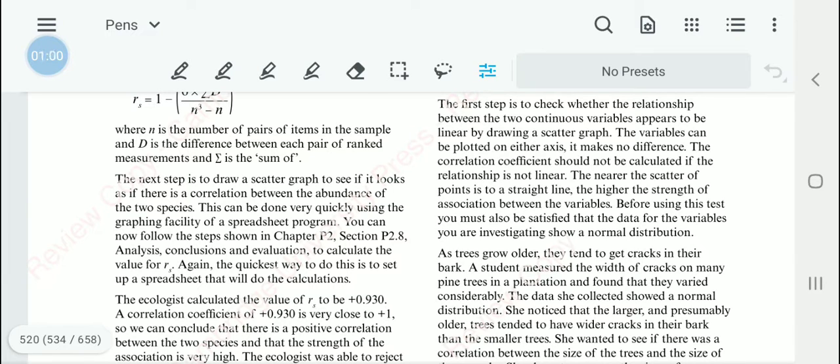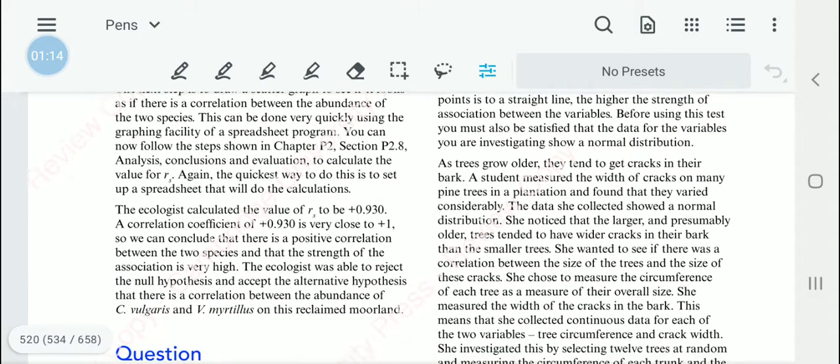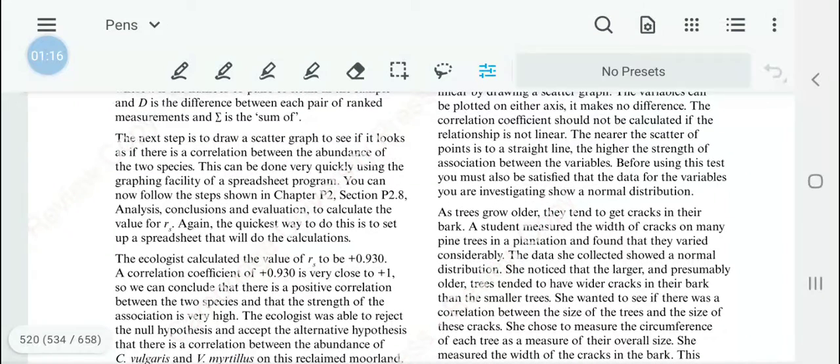So again, just like in the earlier situation, you draw the scatter graphs, and the variables can be put into either of the two axes, and it would not make any difference. If the points fall close to one another, then obviously the correlation is going to be really strong.